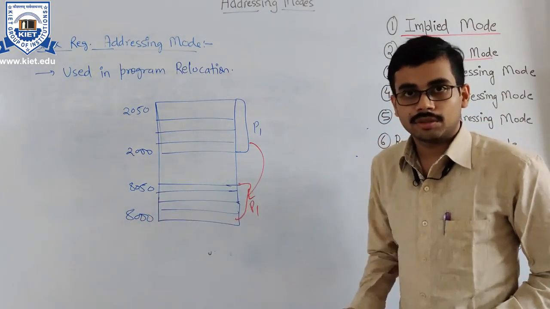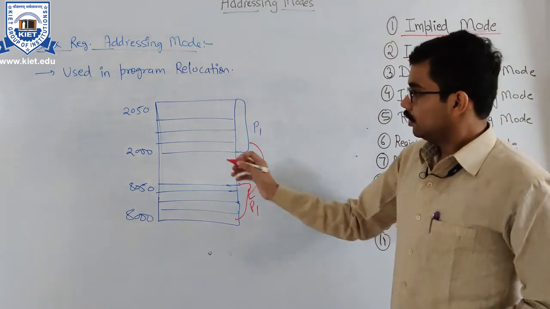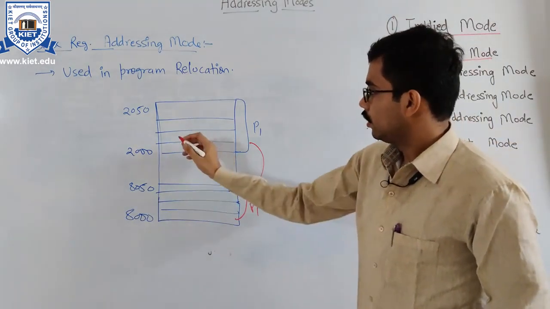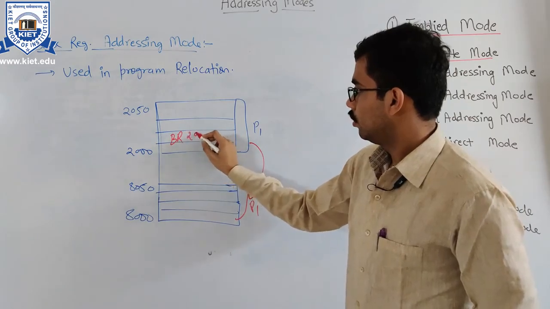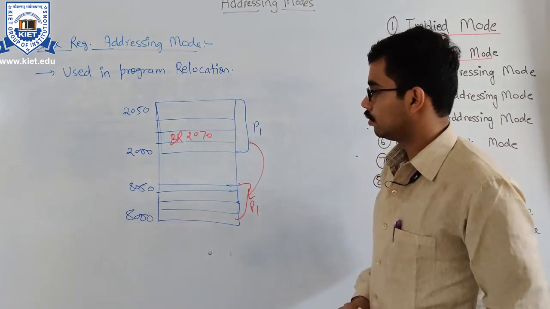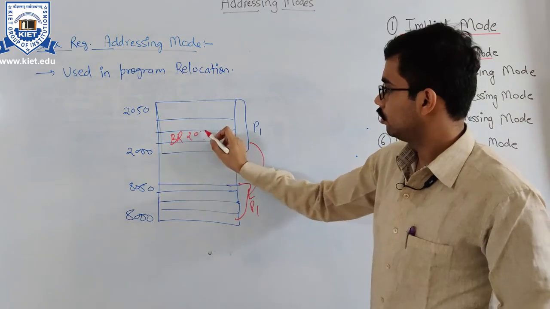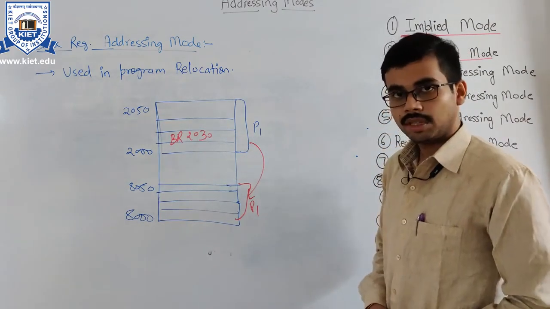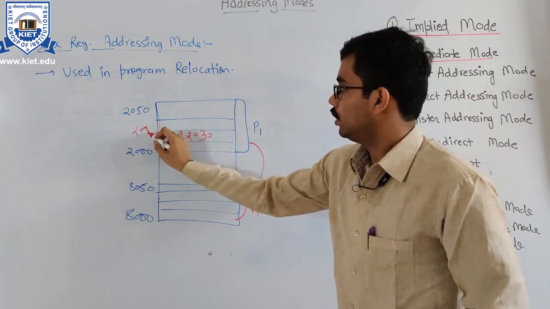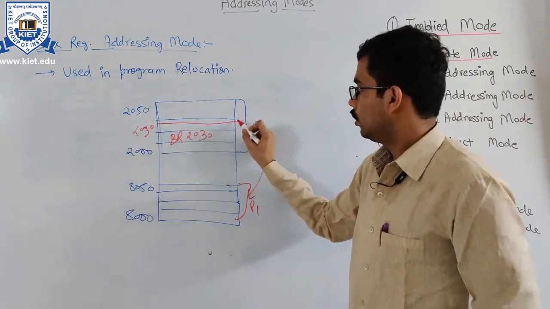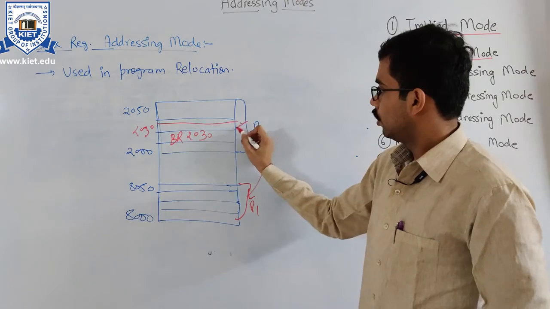to 8050. Now suppose there is an instruction like a branch, BR 2030. It will point to that position 2030.